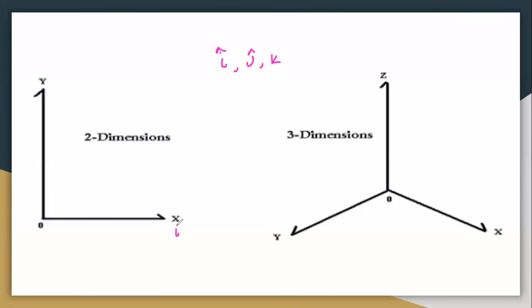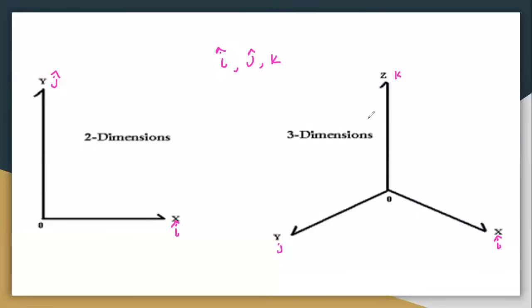So whenever you find I, it means that is the unit direction vector in the X. When you find J, J is always related to Y. Now, in the three-dimensional figure, I want you to please take note that your X still remains with your I, your Y remains your J, and then your Z is always your K.